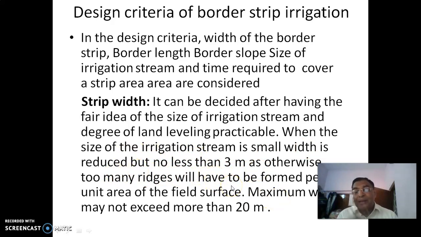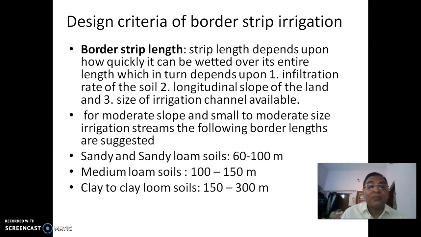So you will be wasting a lot of land under the borders or levees. That is why a minimum of 3 meters should be there. Of course, a maximum of not more than 20 meters. That's too much; 20 meters means you need a bigger stream to irrigate. So that is very important as far as the strip width design is concerned.